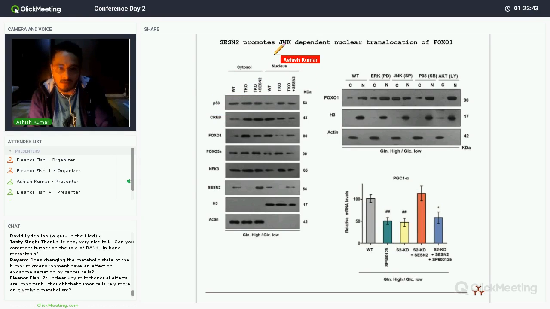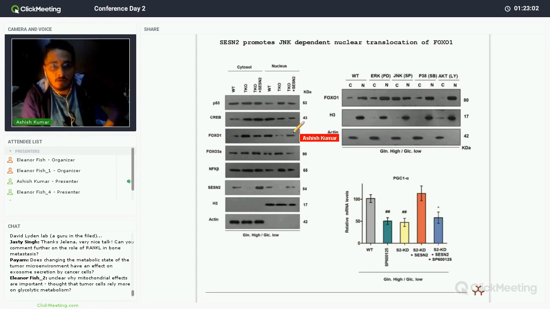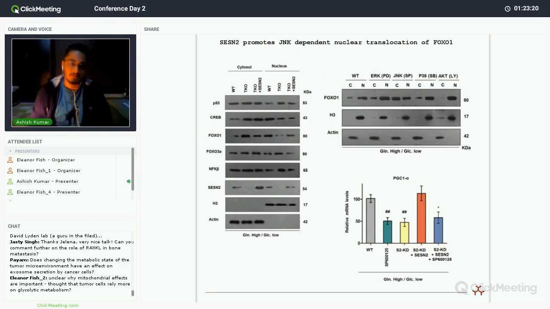We analyzed the cytoplasmic versus nuclear transport, and we checked for nuclear transport in response to Sestrin2, and we found that under the triple knockout of Sestrin, only FOXO1 translocation into the nucleus was significantly inhibited, and only under expression of Sestrin2 was this FOXO1 able to be restored. So this shows that FOXO1 could be the factor which is regulating the expression of PGC1 alpha in this case.